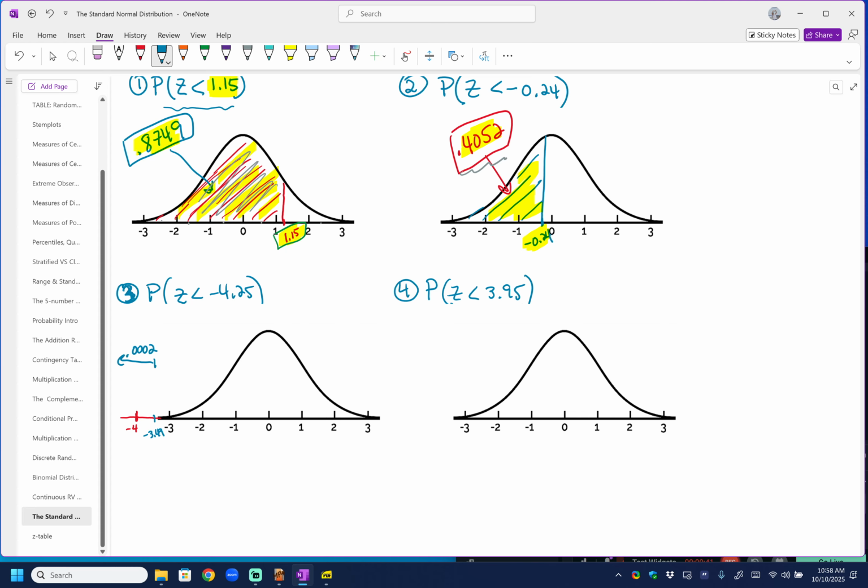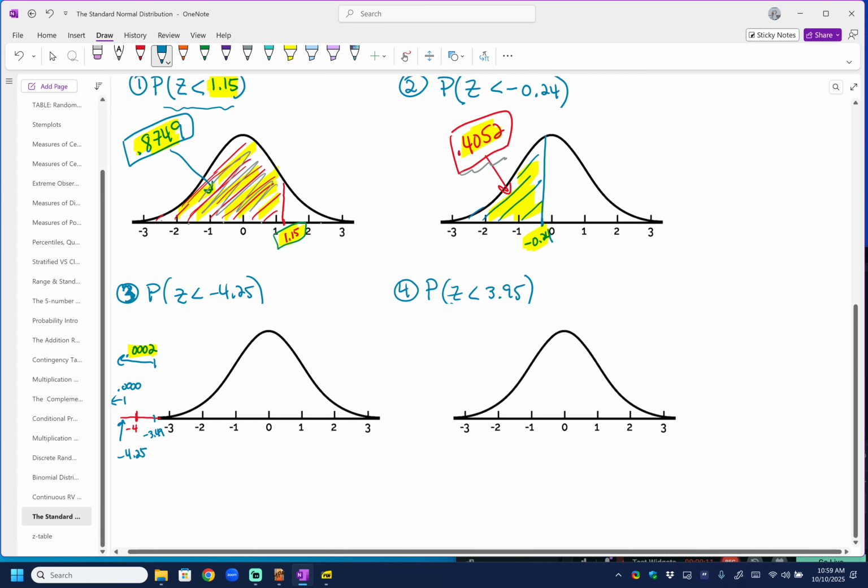Therefore, in this problem, which is the actual thing we're trying to find, if I'm trying to go to negative 4.25, then the area below that is going to be even less. The key here is that if we're going less than this, we're heading towards 0.0000 in terms of area.